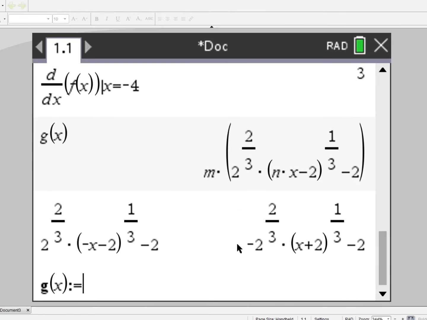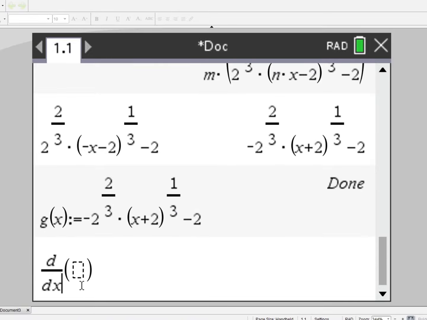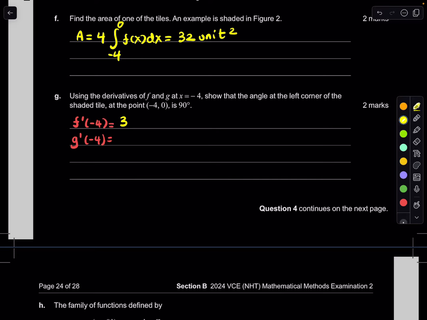Beautiful. So derive it and find the derivative at negative 4, the gradient of the tangent at negative 4. And that's negative 1/3. So let's write those down. This one was 3, and this is negative 1/3.